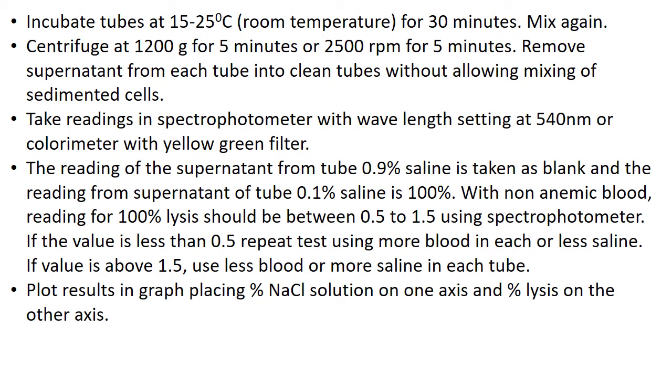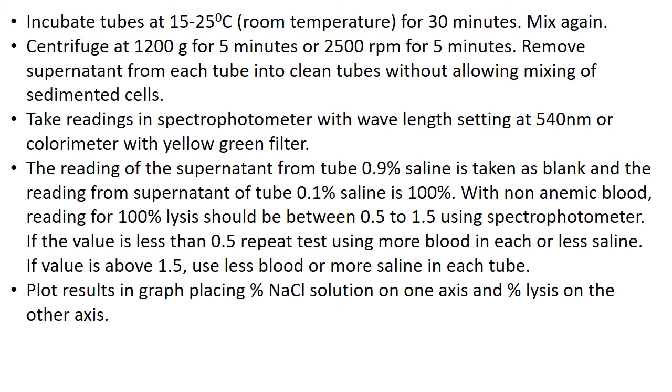With non-anemic blood, the reading for 100% lysis would be between 0.5 to 1.5 using a spectrophotometer. If the value is less than 0.5, that is because of anemia, repeat the test using more blood in each of the tubes or less saline, whichever is possible.